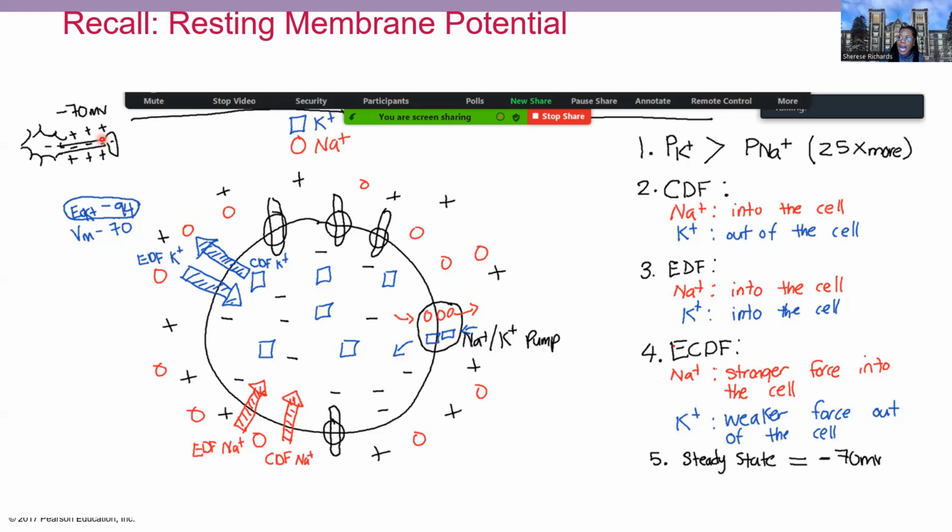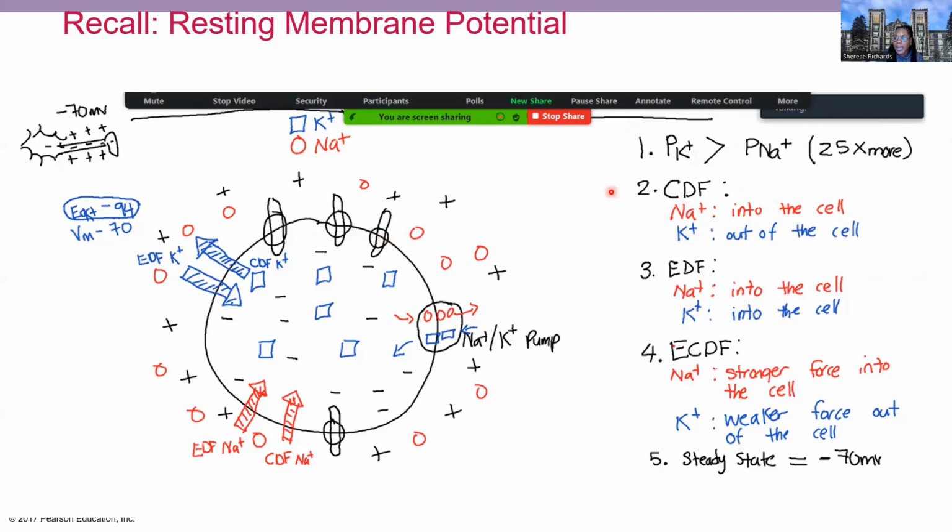And then you also need to know how we establish that. So you need to know the permeability for sodium is less than that of potassium, 25 times. So 25 times greater permeability for potassium. In other words, more potassium channels. You should also understand that the resting membrane potential is a combination of the forces acting on sodium and the forces acting on potassium.